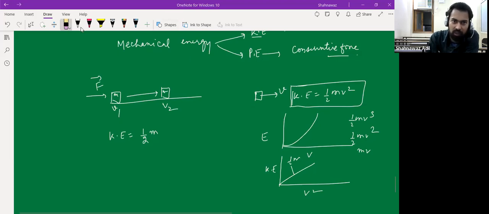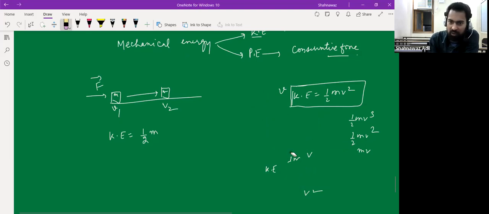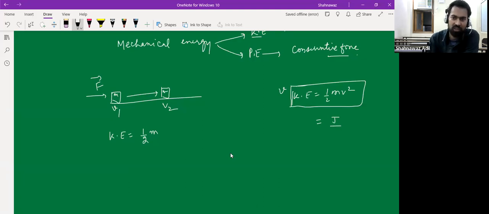So the kinetic energy is defined like this, half m v square, and you can check the dimension of this, and this will come out to be in joule, the energy dimension.